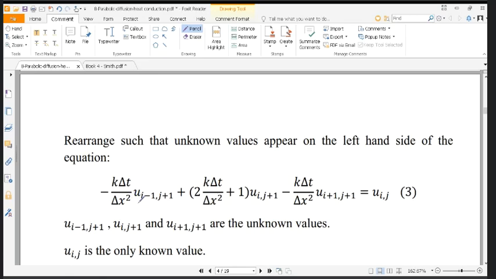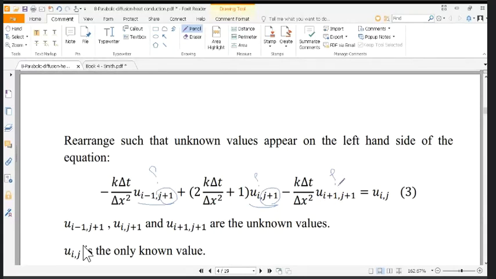Two u i minus 1 and j plus 1, and plus 2k delta t over delta x squared plus 1 u i and j plus 1, again it's unknown. All of them are unknown values. Minus k delta t over delta x squared u i plus 1 and j plus 1. This value of u is also unknown.